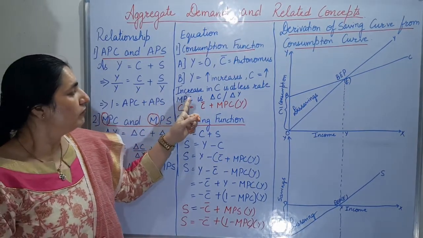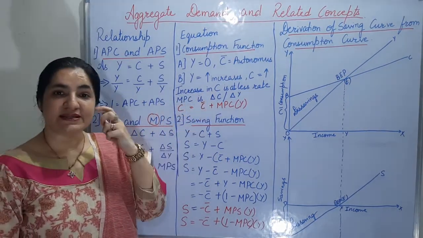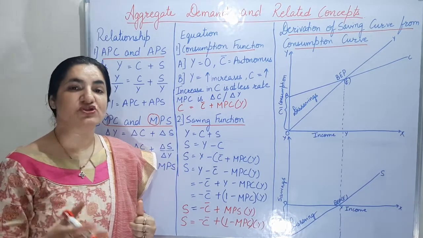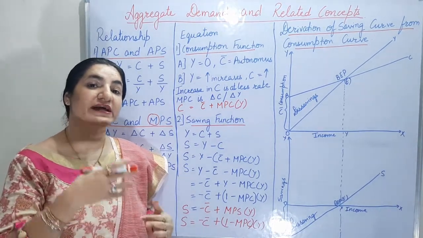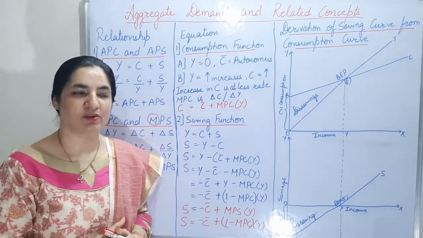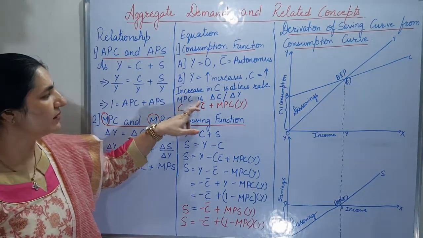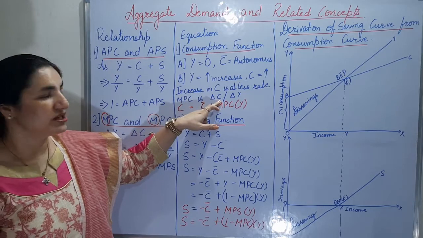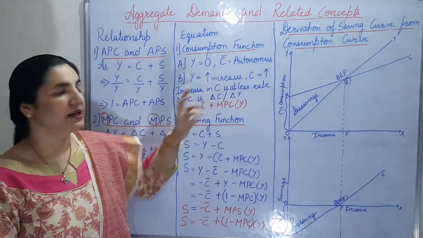When we talk about increase in income and increase in consumption, we are talking about additional income and additional consumption, that is, marginal values. So MPC is change in consumption by change in income.